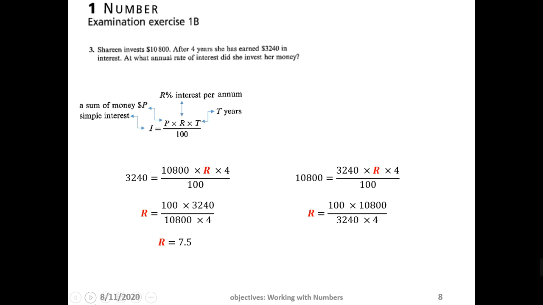Because it was originally multiplied by the R, which makes the 100 times 10,800 our numerator. And if you calculate, it's going to be 83.3. Does that make sense to you? I think the 7.5 as a simple interest makes more sense, which will bring this solution out.